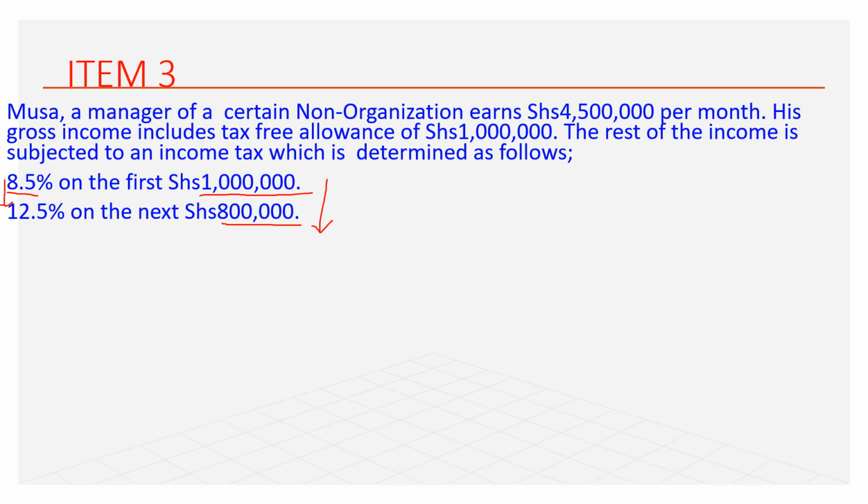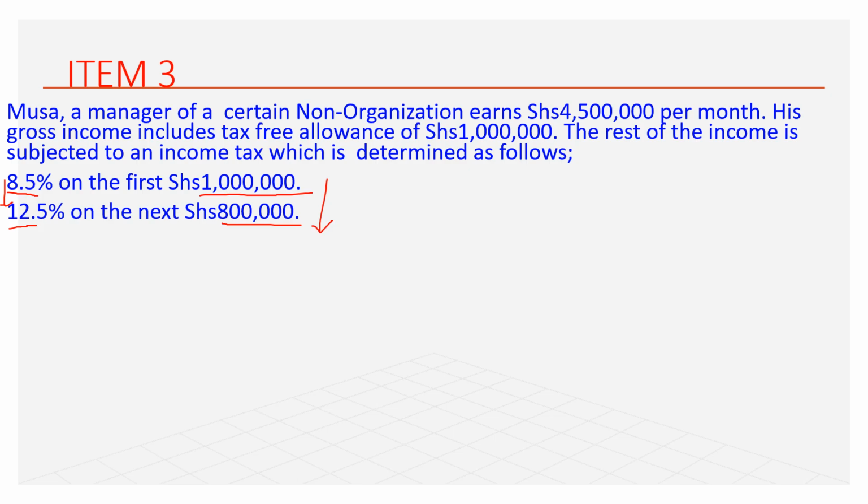If at first you're getting 1 million, then the tax is relatively 8.5%. But as you increase this amount by another 800,000, meaning by then you'll be adding up to 1.8 million, you expect your tax rate to increase.